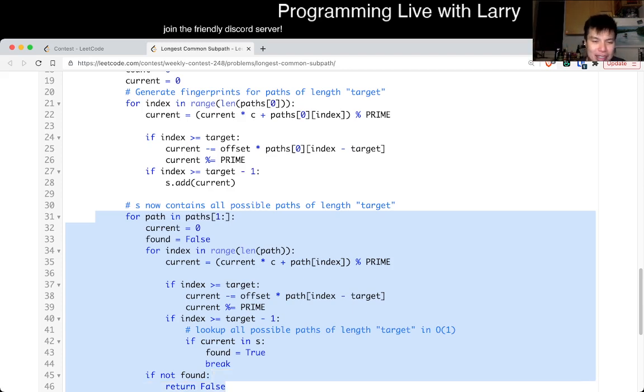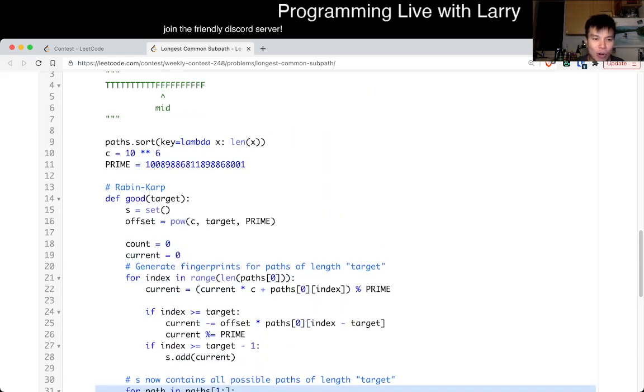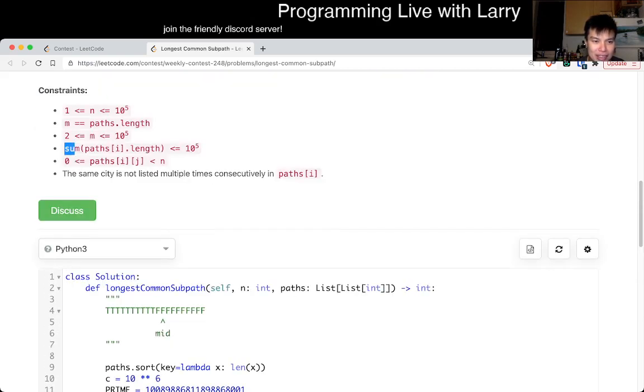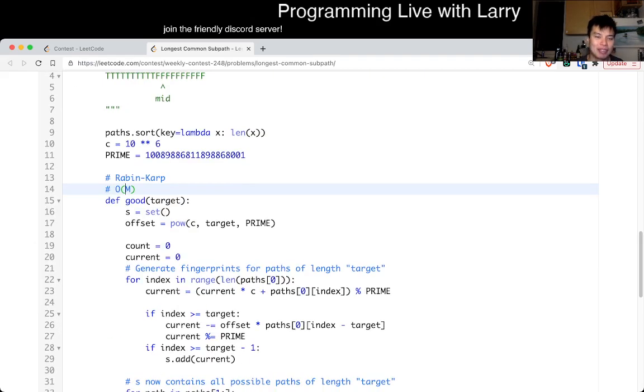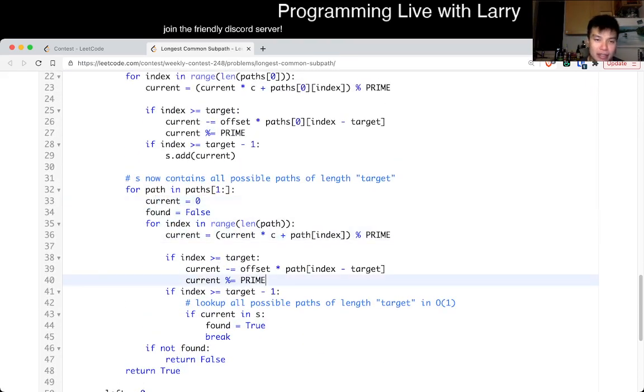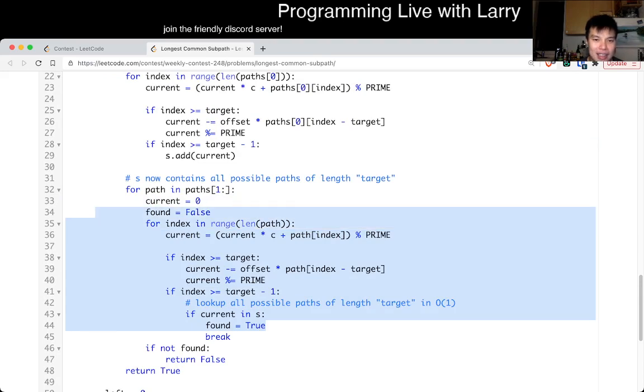And of course, that means that this takes O of the sum of path lengths, which is less than 10 to the 5th, because as you can see, for each character, we do O of 1 operations. That's basically the short reason why.